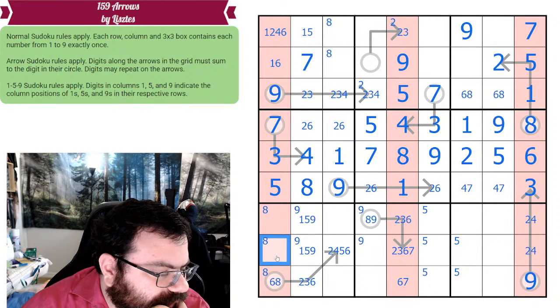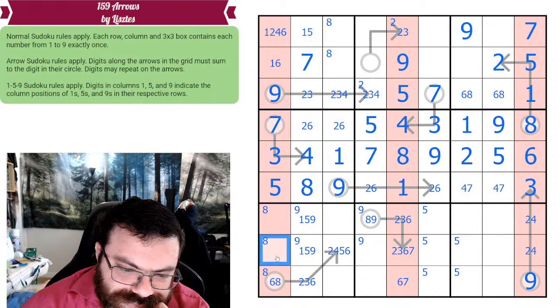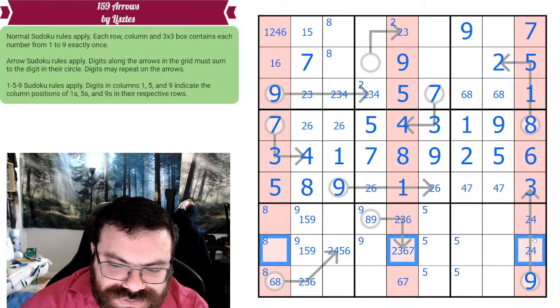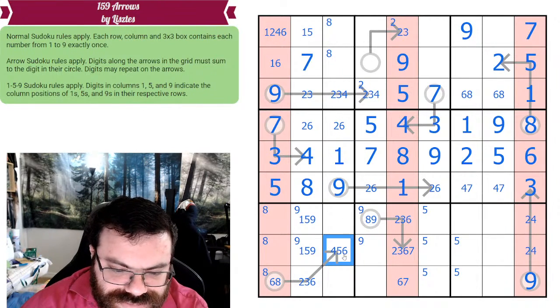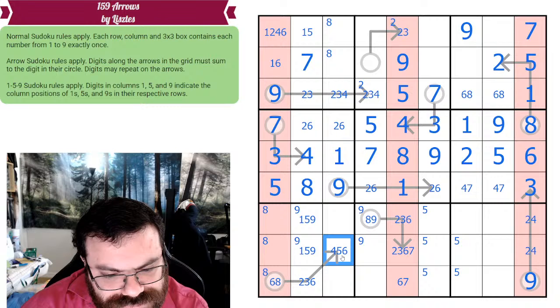Right, we have the swordfish. So that's not a 2. So this can't be a 6 anymore.